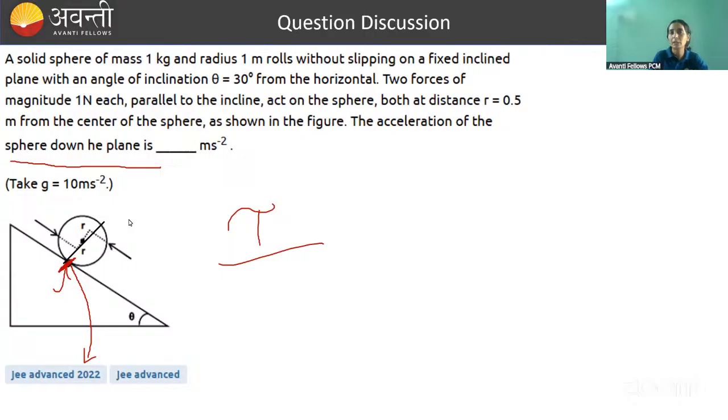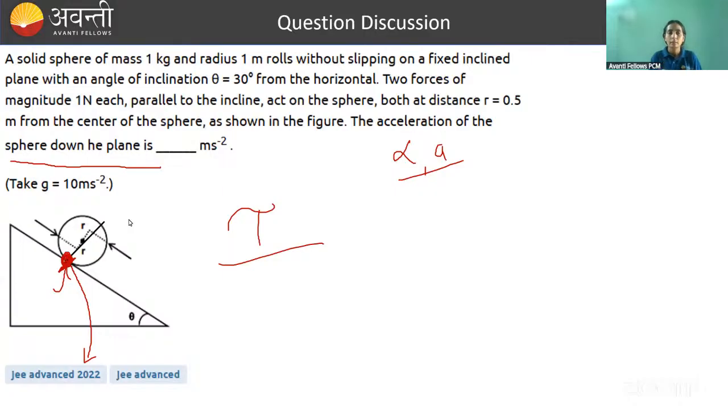So when the axis of rotation is fixed in your rotational concept, always go for calculating torque around that point. So in case of rolling, when you are calculating alpha or acceleration, go for calculating torque around this point. Okay, that is your point of instantaneous axis of rotation. So when you do this, you will get the answer.